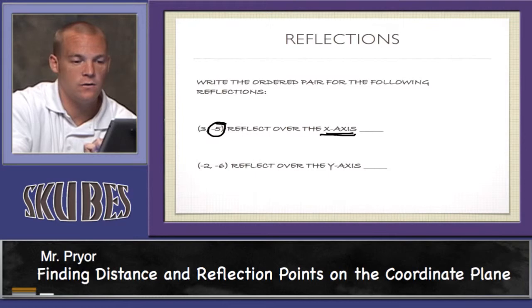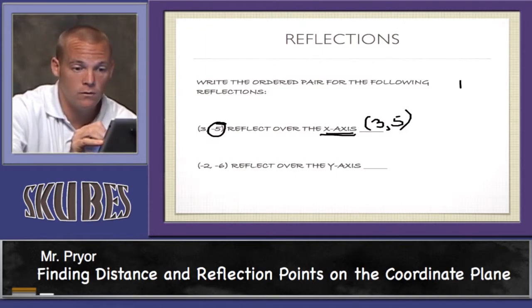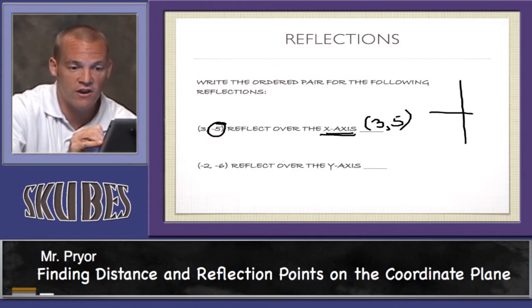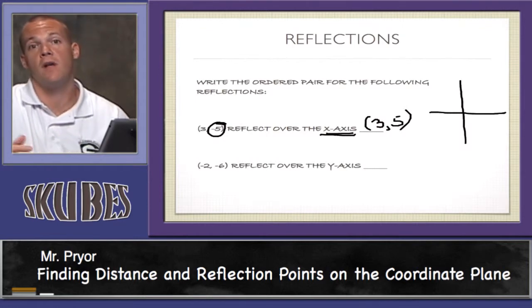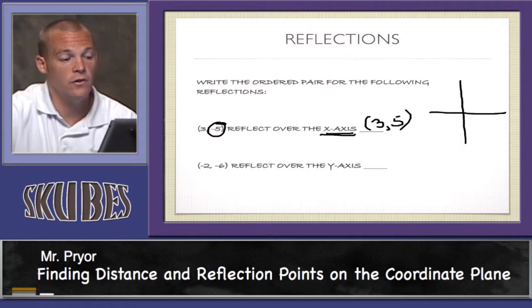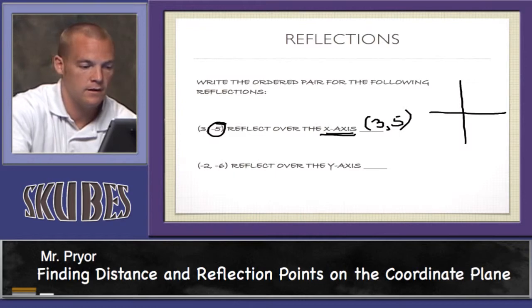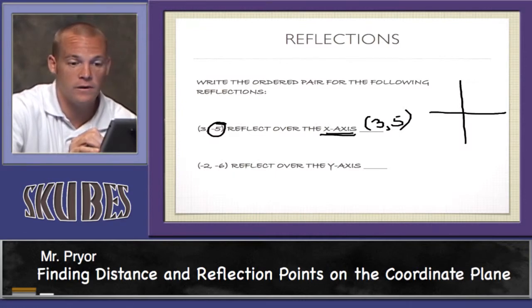So let's see. If we change that, it's going to become 3, positive 5. Now to make sure you've done it correctly, it's a good idea to sketch a quick coordinate plane and plot those ordered pairs, if you know how to plot a point, which at this point you probably do. So we started at 3, negative 5, and I'm just going to sketch it out. 3, negative 5 would take us to the right 3, and then down 5.